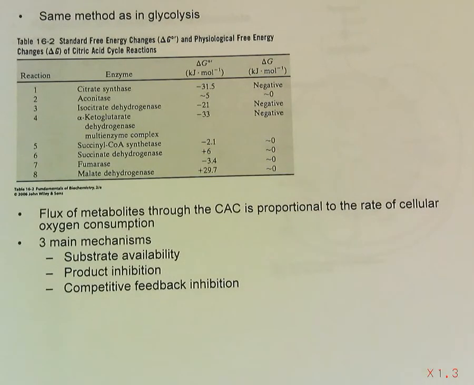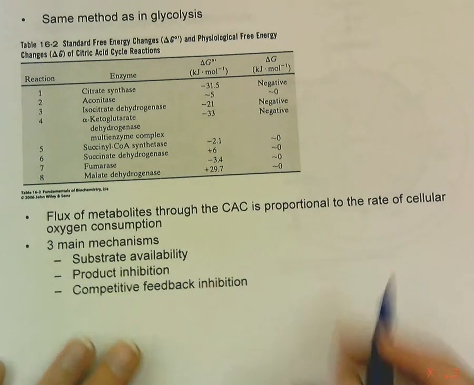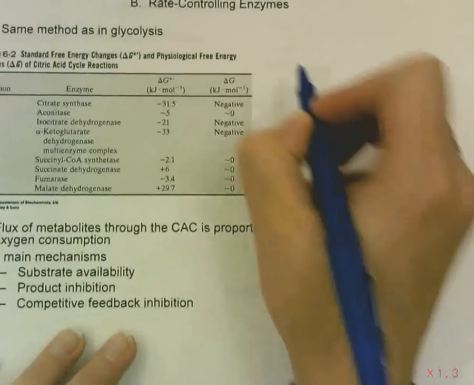Flux of metabolites through the citric acid cycle is proportional to the rate of oxygen consumption. I'll write it up here.